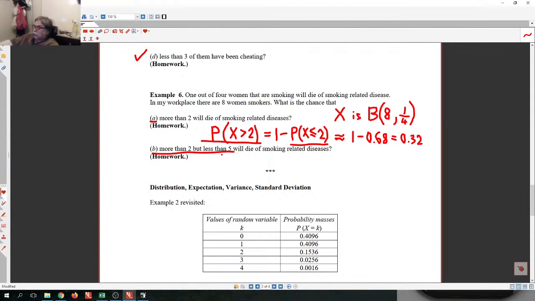But you can also calculate that by calculating the probability up to 4, which you can do on your calculator, and the probability up to 2.